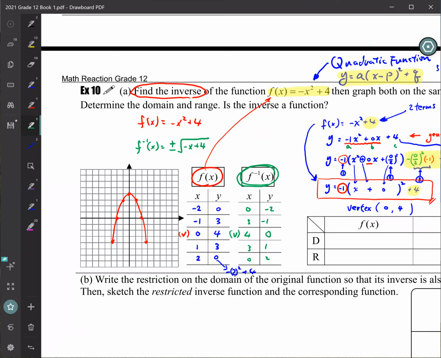So 4, 0 will be right here. And then 3, -1. 0, -2.